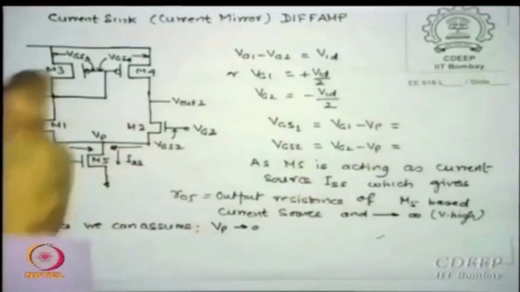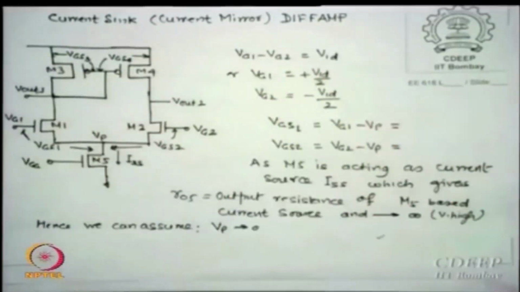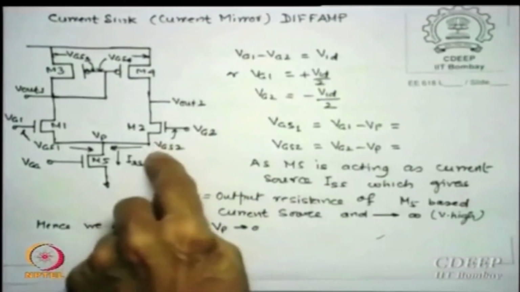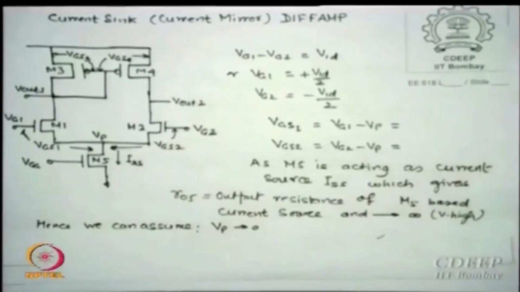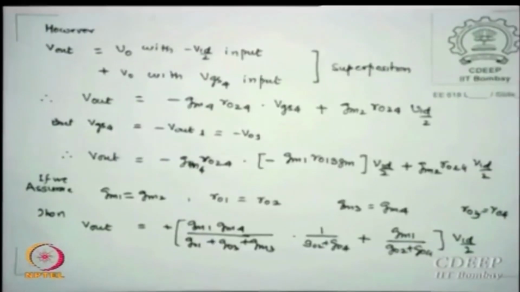For this, GM3 is appearing, for this there is no diode connection. That is a normal transistor whose output resistance is just the RO. Same is true for 2. Unless there is a diode connection, the GM will not dominate. Is that correct? We did that case for a diode connected load, and that is what we proved at that time. Okay, so I substitute all these values.